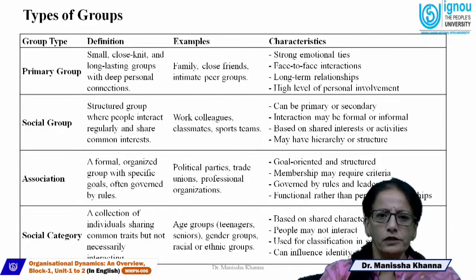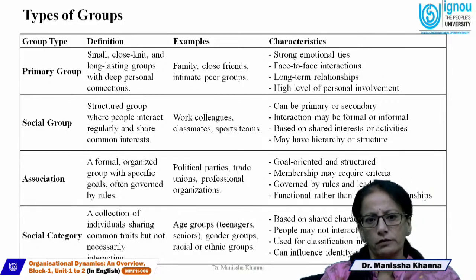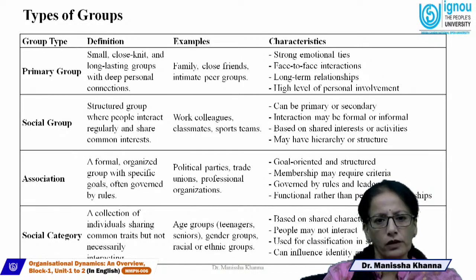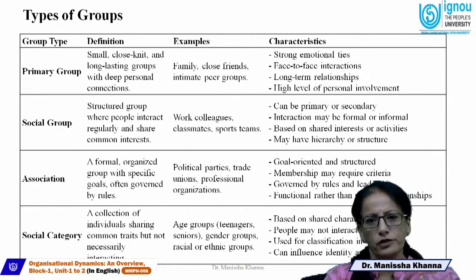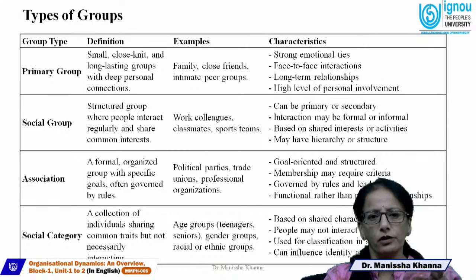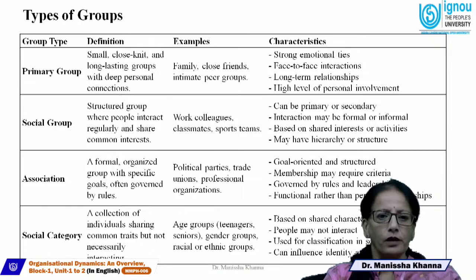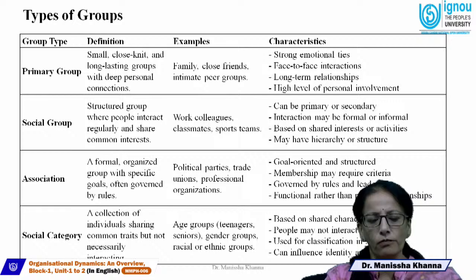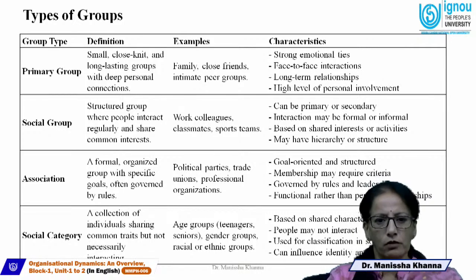Social group is structured. It is where people interact regularly and share a common interest. This is seen within the organization among the employees, or maybe a sports team, because they are working for a specific purpose. Association group is formed as an organized group with a specific purpose, specific goal, such as project teams, political parties or trade unions.